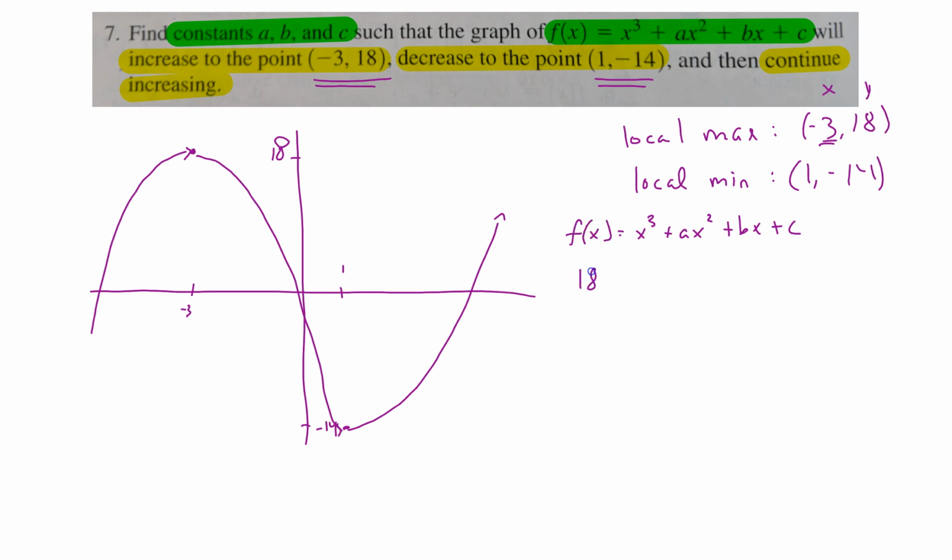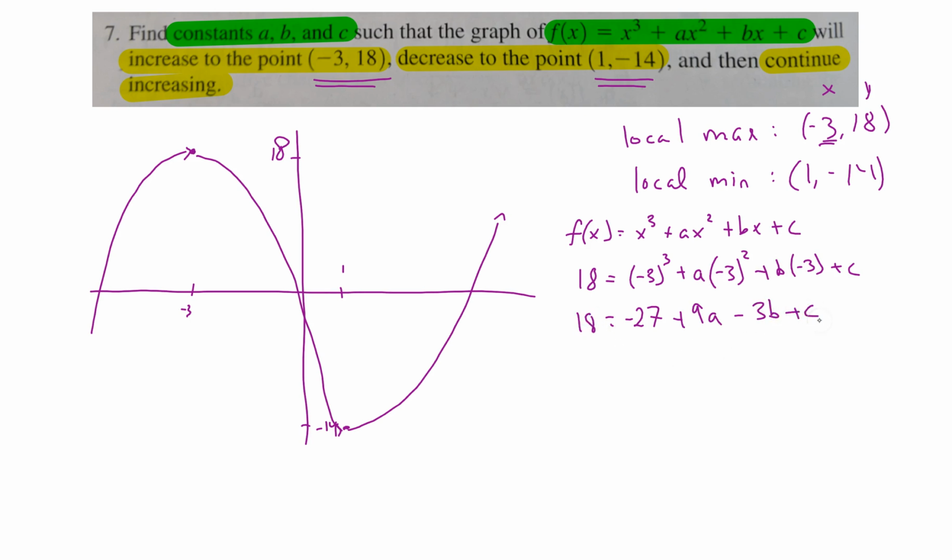So we're going to do 18 is equal to negative 3 cubed plus a times negative 3 squared plus b times negative 3 plus c. So negative 3 cubed, well, that's going to give us negative 27, plus, well, negative 3 squared is going to give us 9, so 9a, minus 3b plus c is equal to 18.